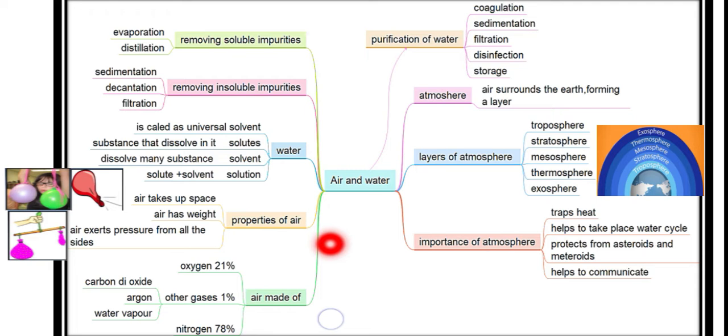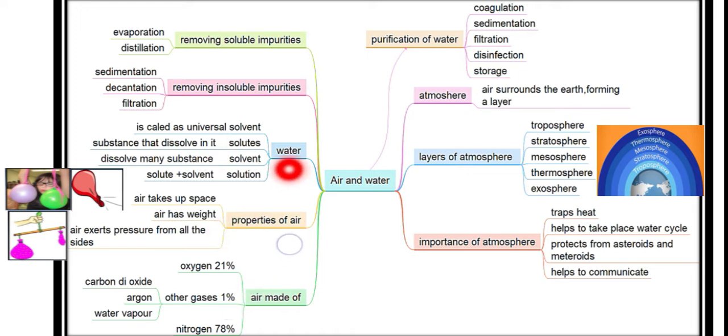So let us discuss the properties of air. Air takes up space, air has weight, and air exerts pressure from all sides. So these are the 3 properties of air.